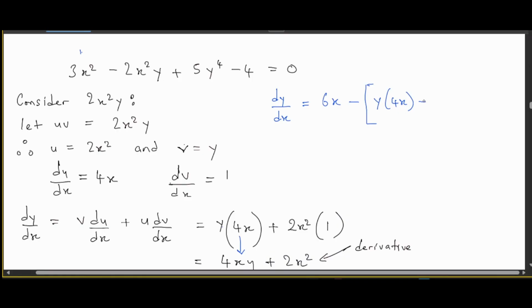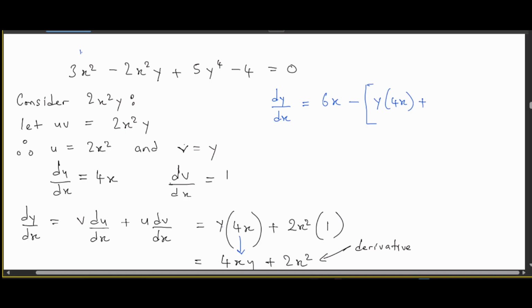Then we say plus, but there's a statement we made above. Let me reread the statement. Implicit differentiation is based on the notion that all terms are differentiated with respect to x. In the case where the term is in terms of y, a differential coefficient dy dx is attached to the derivative.